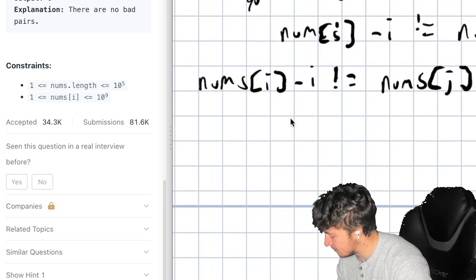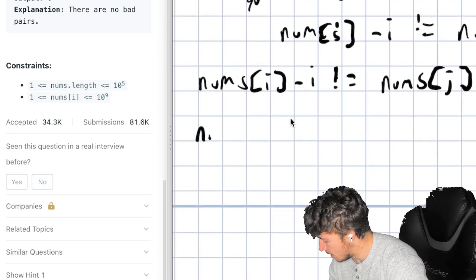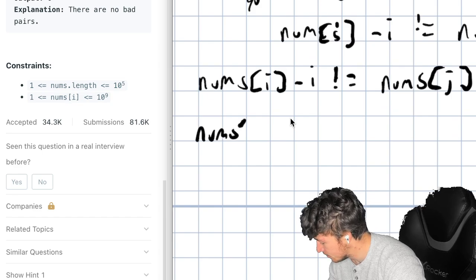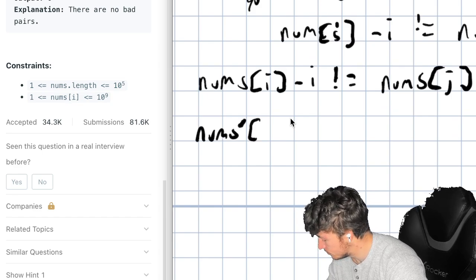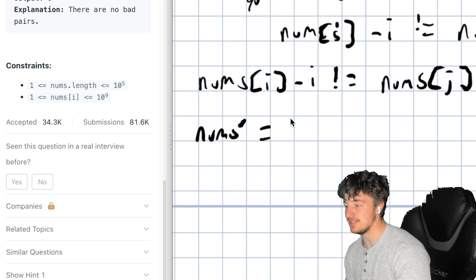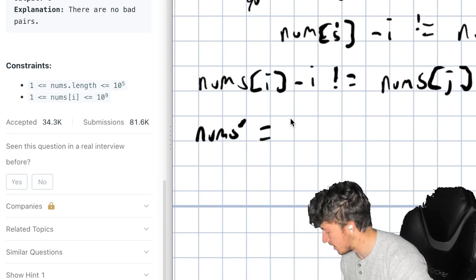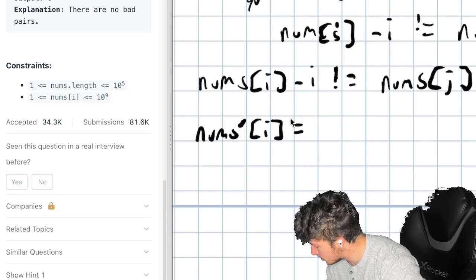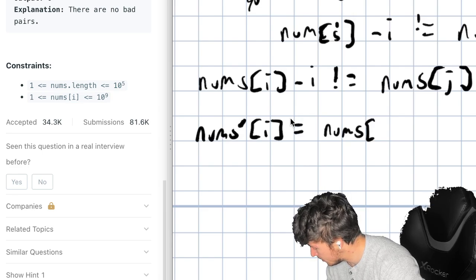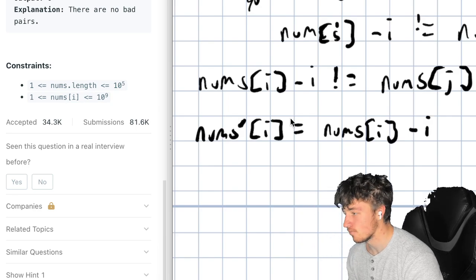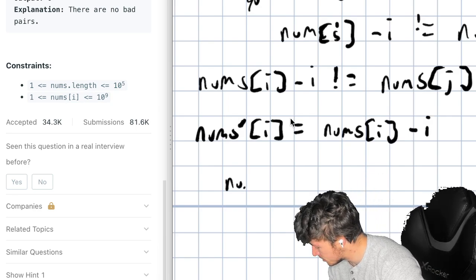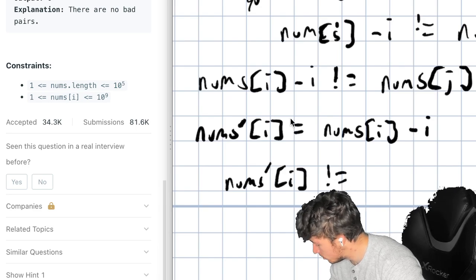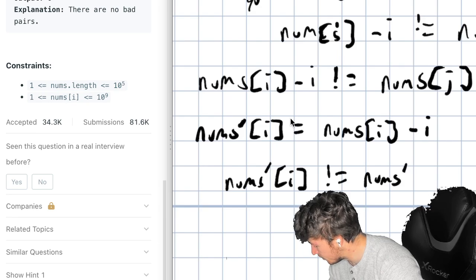So if I say nums hashtag equals all the same things, but I subtract out the indexes, so if I say nums hyphen of i equals nums of i minus i, well, then that just means that nums of i in the condition is not equal to nums hyphen of j.